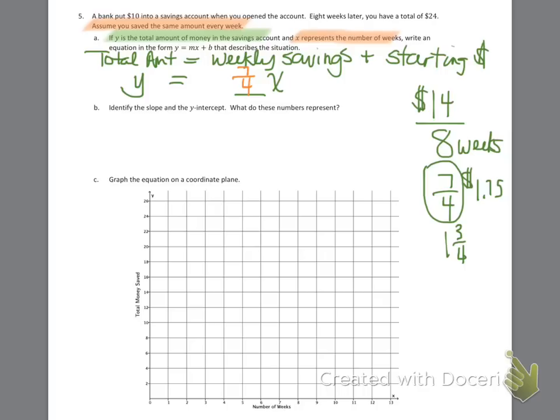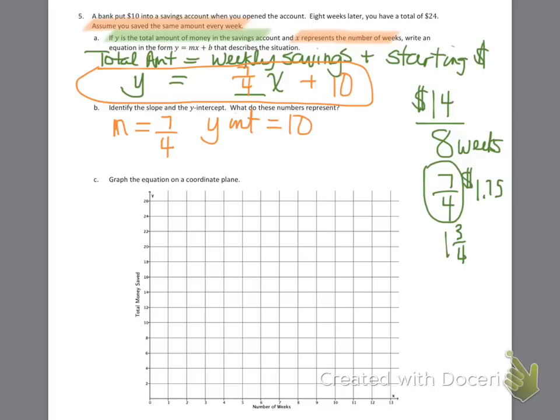Okay, but I started with 10, so I've got this plus $10. And notice that just writing it like this, it's already in slope-intercept form. Y equals 7/4 X plus 10. So the slope is the coefficient of the X term. So the slope is 7/4. And the y-intercept equals 10. It's going to be the point (0, 10) on the graph.